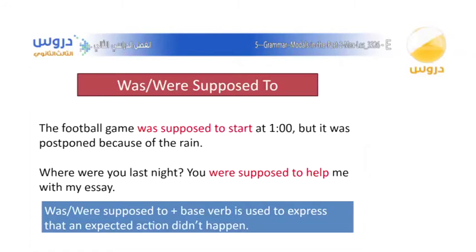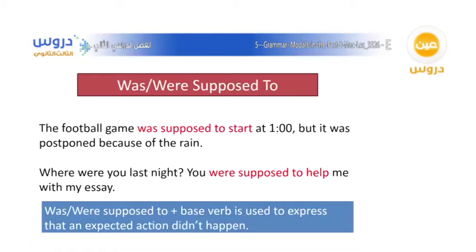Okay, we're back. Was and were supposed to plus the base verb is used to express that an expected action didn't happen. Like in this example, the football game. And by the way, when I talked about subject pronouns, one might think, okay, I don't see I, he, she, it, you, we, or they in here.